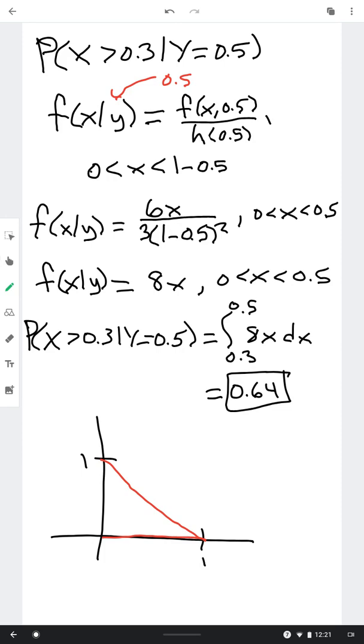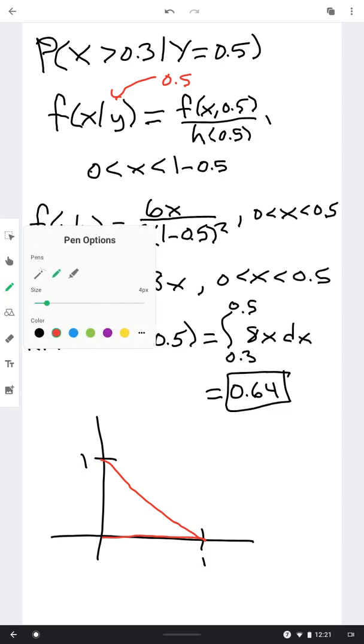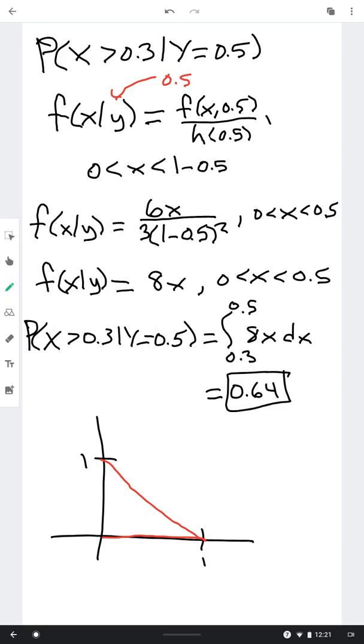So this is my region for our function to exist in. And what we're saying is that we know Y is 0.5. We have no doubt that Y is 0.5. So how does that restrict the domain of X?